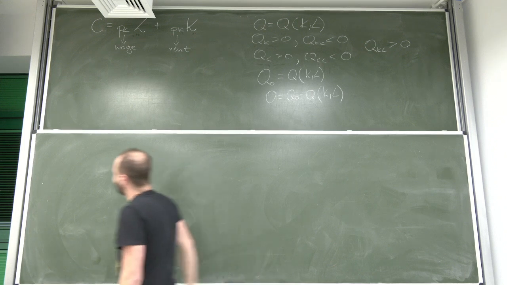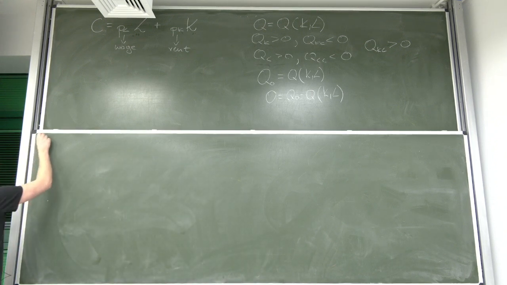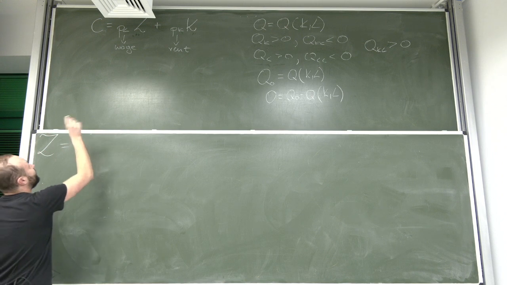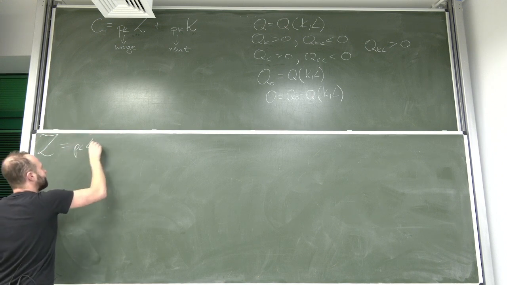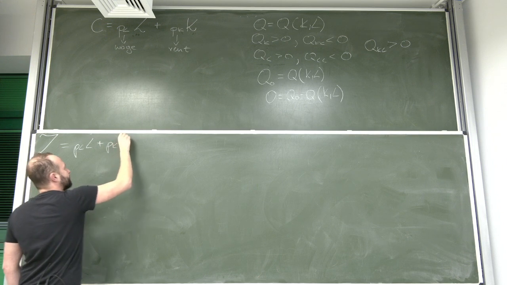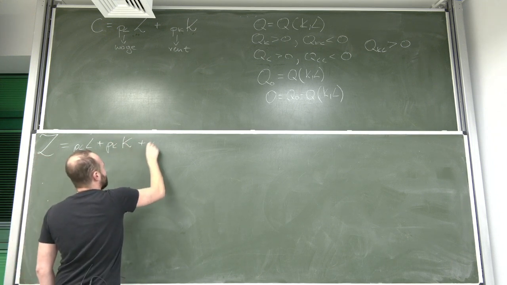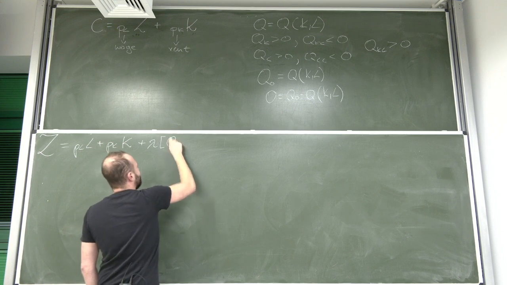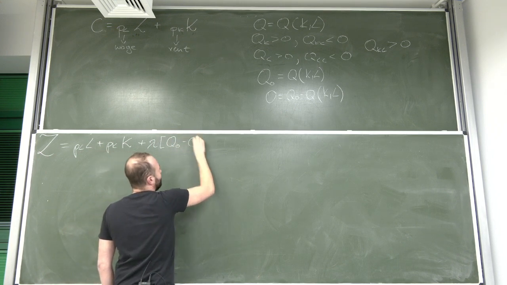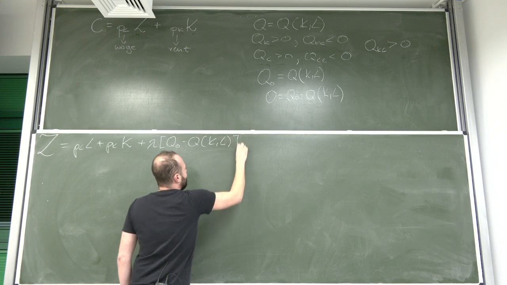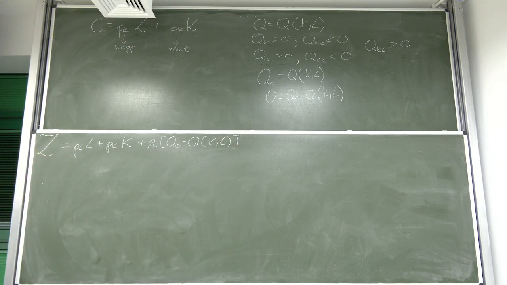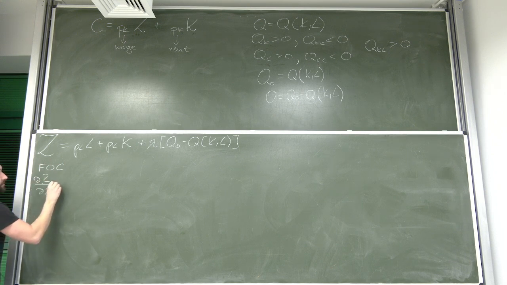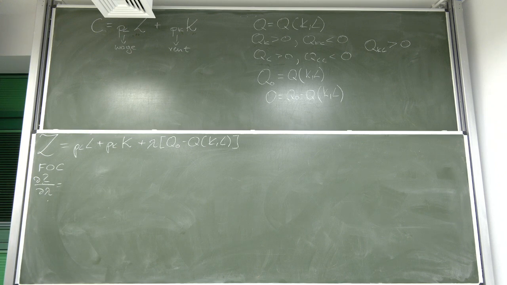Okay, so the Lagrange function is going to be first the function that we are minimizing plus lambda times 0, but of course 0 taken out of the restriction. Now, of course, we need to start with the first order condition. So we first differentiate the Lagrange function with respect to lambda.